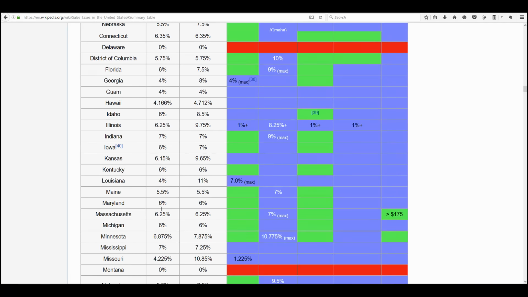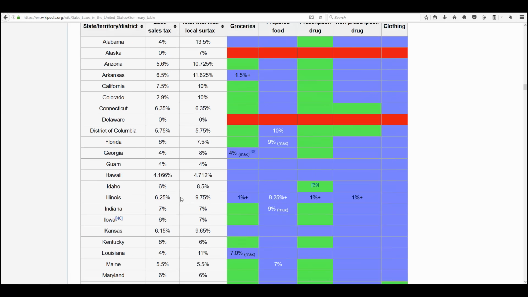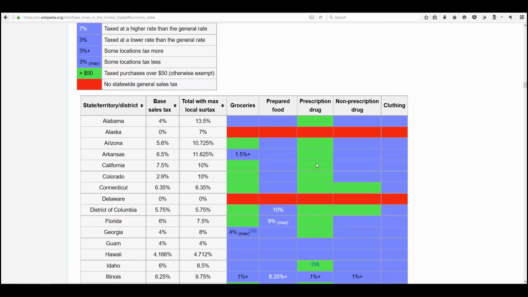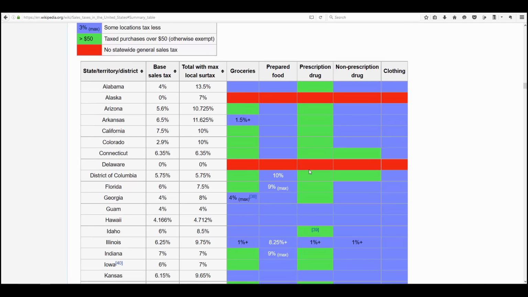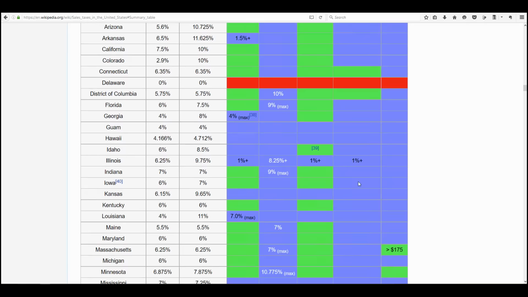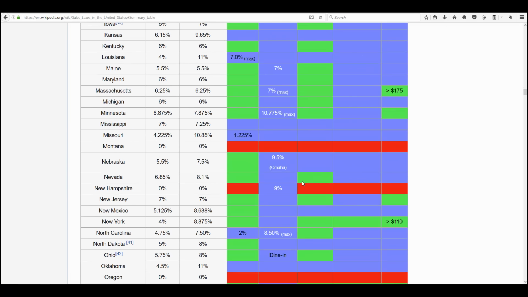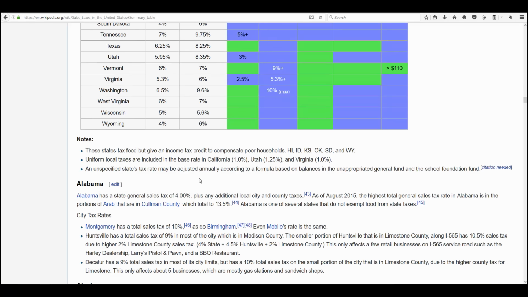Each state has its own charges, some are 0. And it also depends on what type of product. Is it groceries, food, prescription drugs, clothing? Each product has a different rate. Therefore, we gave it as an average across all sales. There'll be approximately 3% that you have to charge your customer so that you do not lose money.